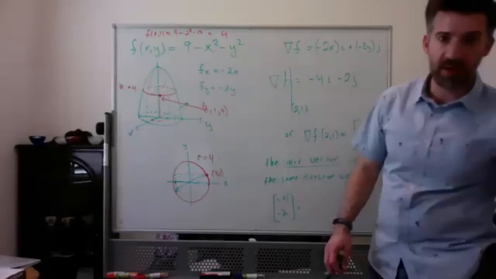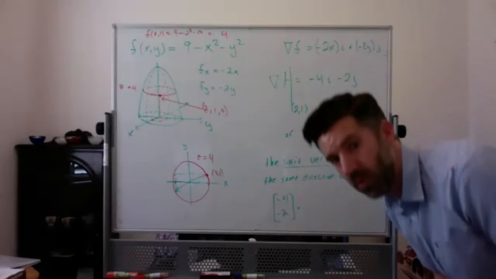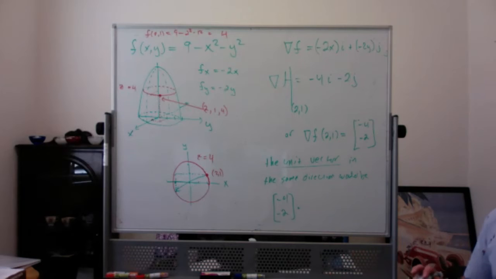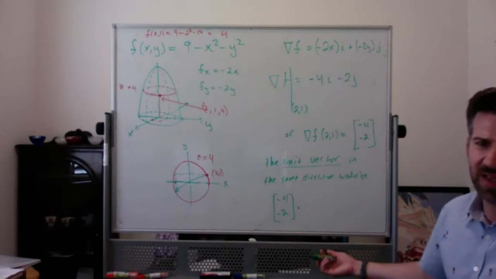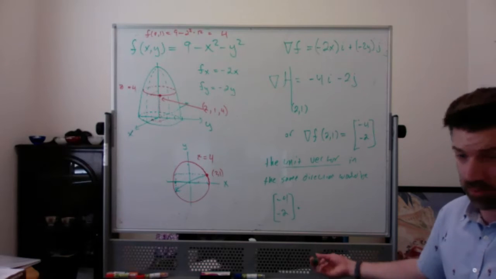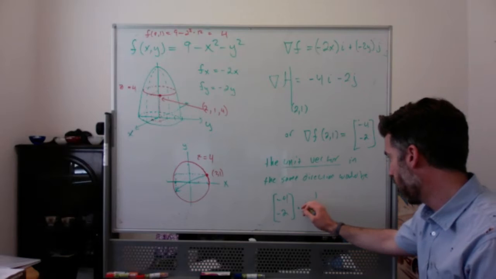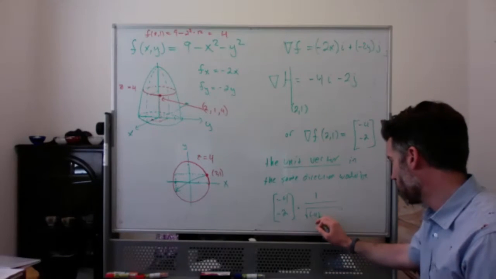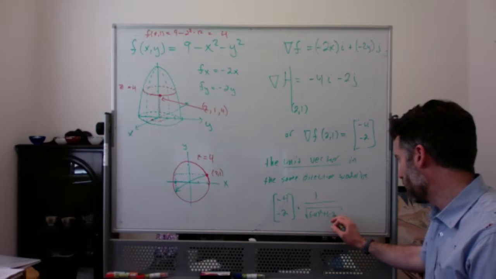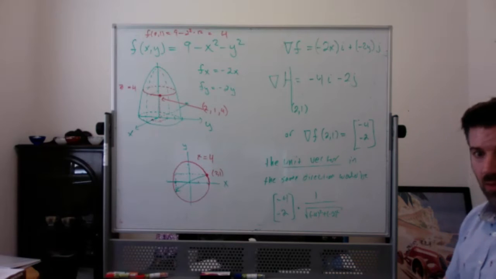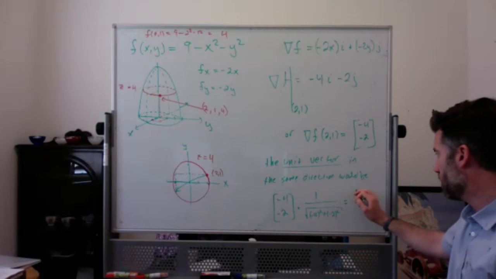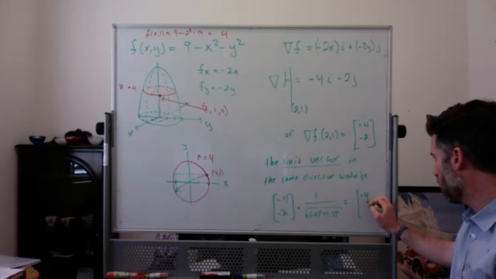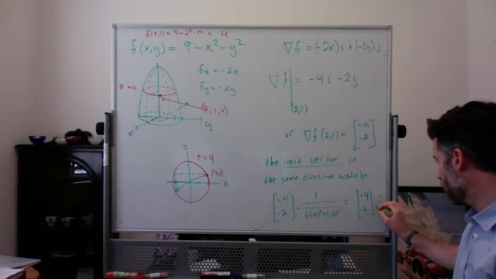The magnitude of the vector is just the square root of the sum of the squares of the components. So instead of saying divided by, I'm going to say multiplied by the reciprocal. So it's going to be times 1 over the square root of (-4) squared plus (-2) squared. Which, if we simplify, is just (-4, -2) times 1 over the square root of 20.